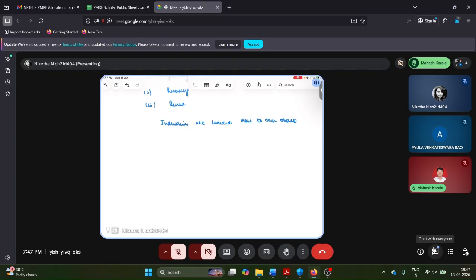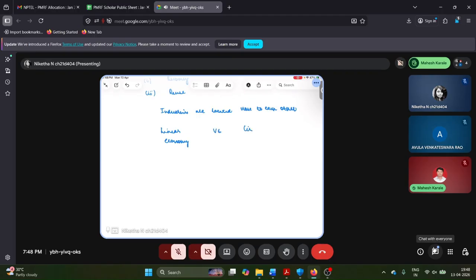And industrial symbiosis helps enforce circular economy. So before going into circular economy, let's look at the difference between linear economy versus circular economy.